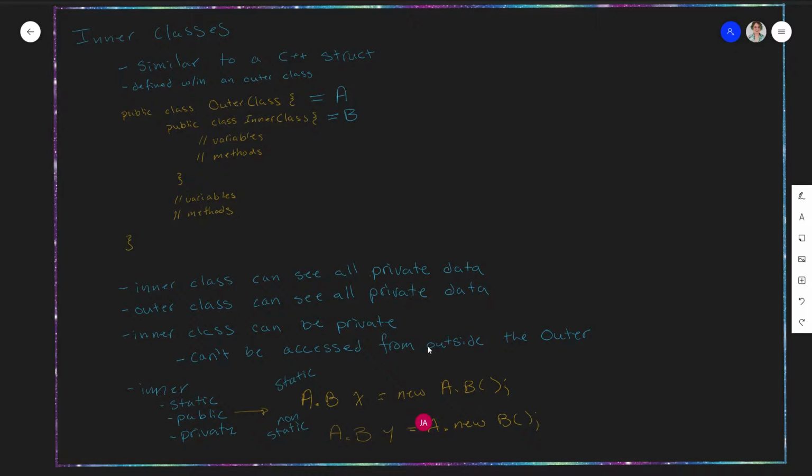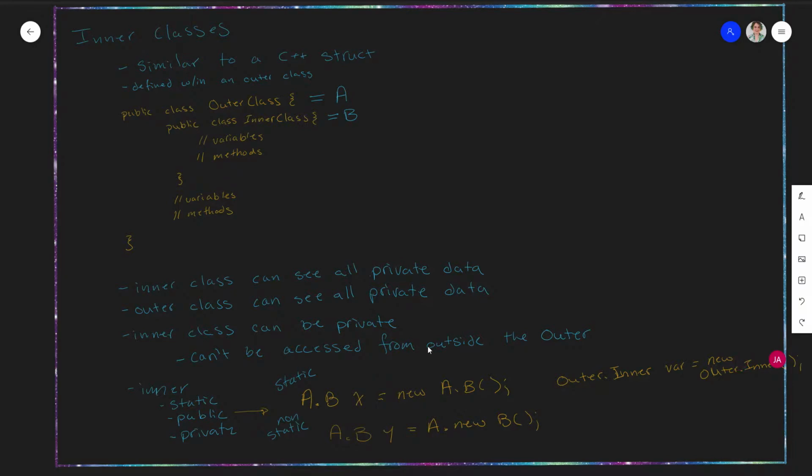Another way to look at this is we have outer dot inner, and then a variable name, and then from there our new, and then outer dot inner and the instantiation.